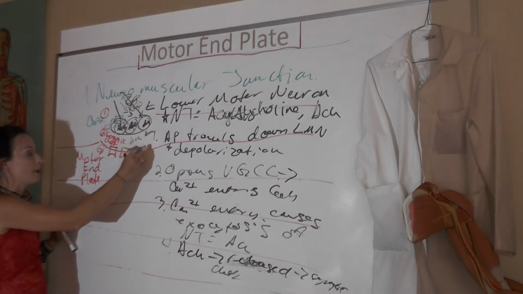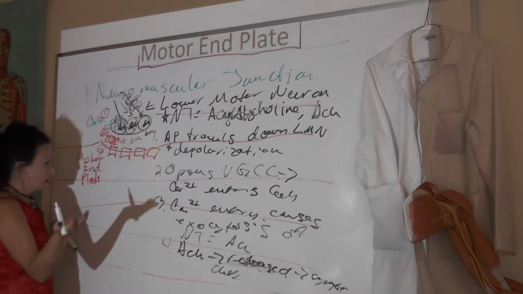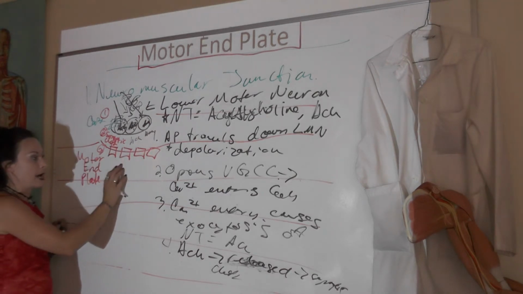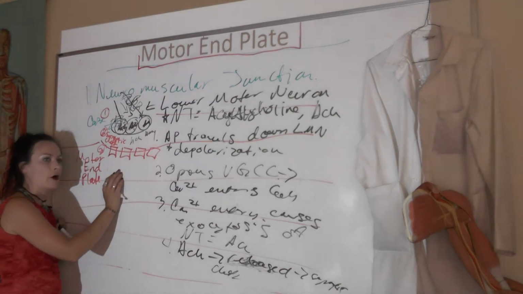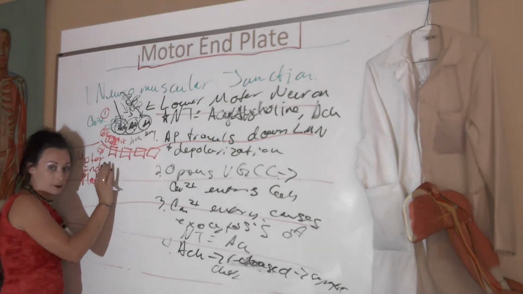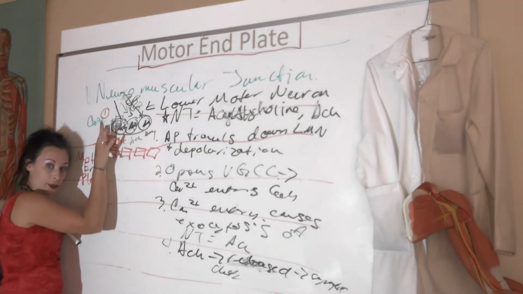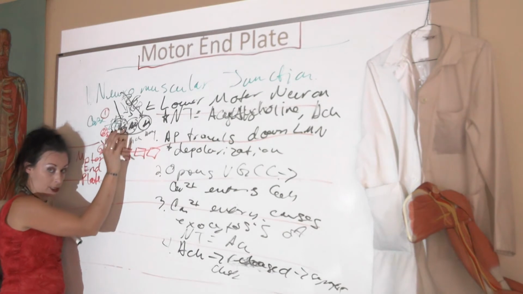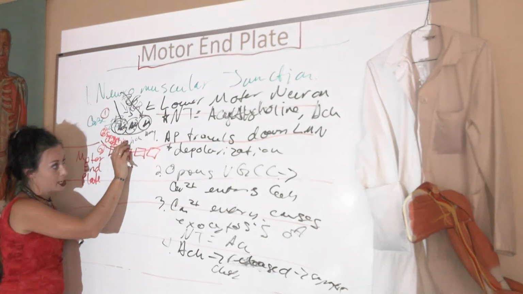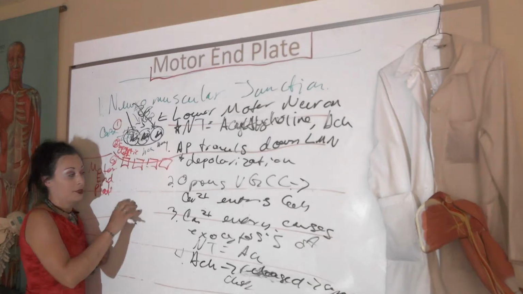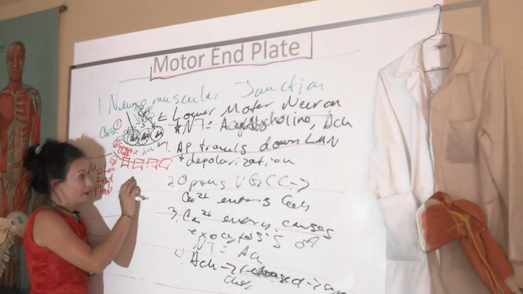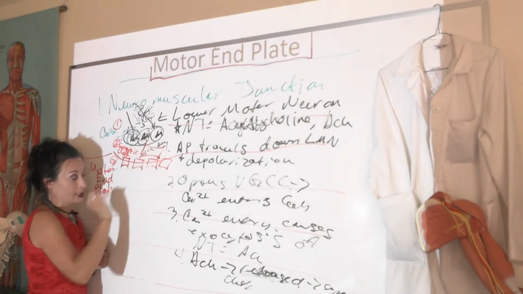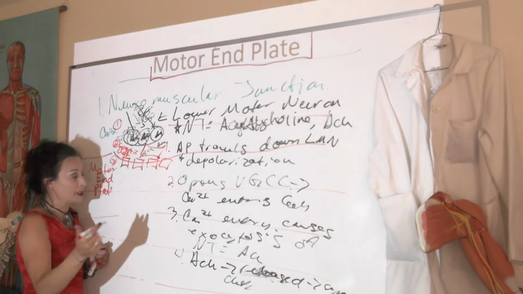It's the only part of the muscle fiber that has this specific type of channel. What might it be? If what I'm releasing is a neurotransmitter, which is a chemical also known as a ligand, and that is acetylcholine, this channel might be an acetylcholine-gated channel. In fact, it will be.